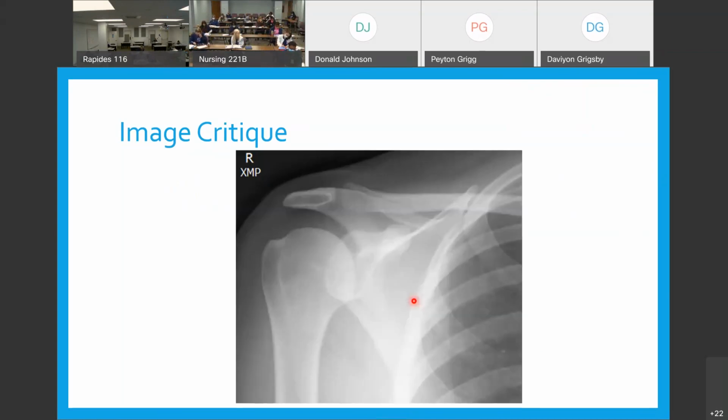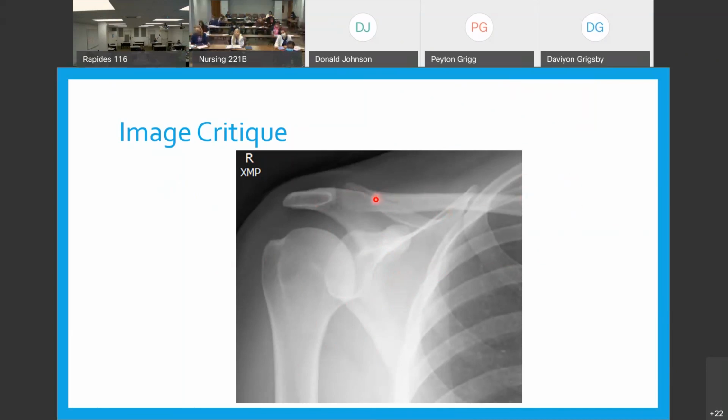Okay. All right. What about this one? We have the coracoid. About an inch. I usually crosshair them just to get an idea. It's about right there. So that tells me I'm about 1 inch inferior, right?